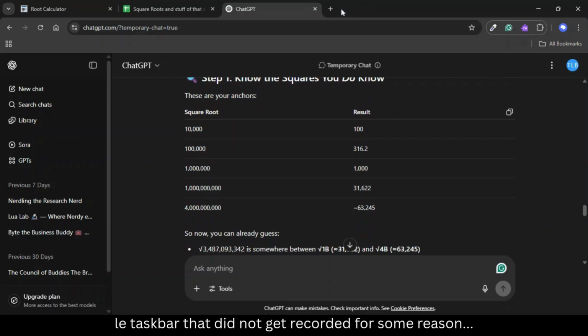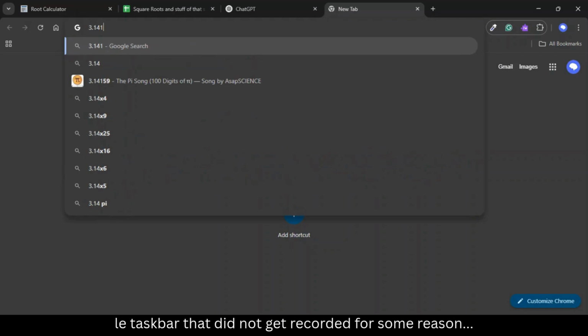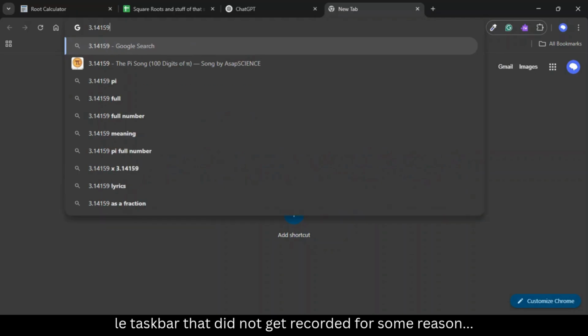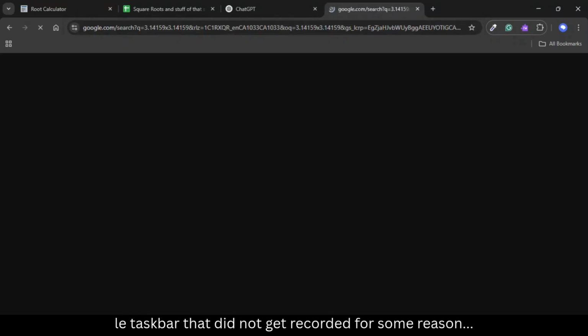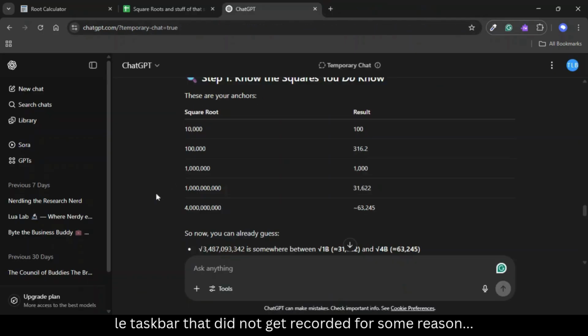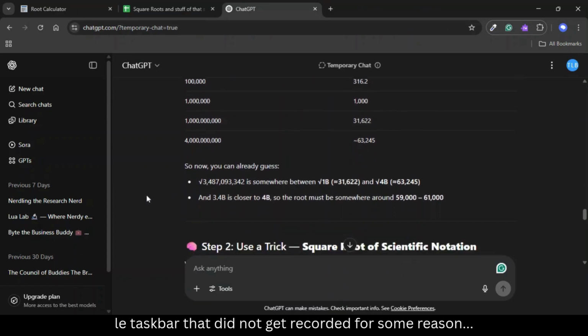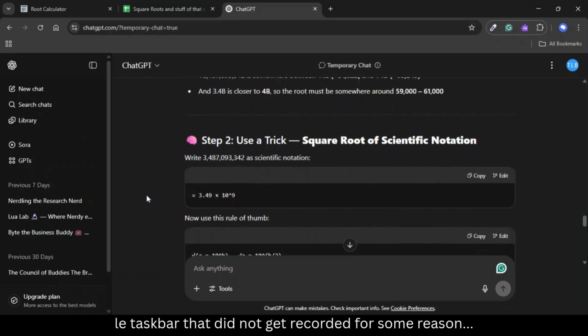Wait a sec. That gives me an idea. 3.14159 times 3.14159. Oh, I thought it'd be cool or something. Anyways, it's a trick. Blah blah blah.